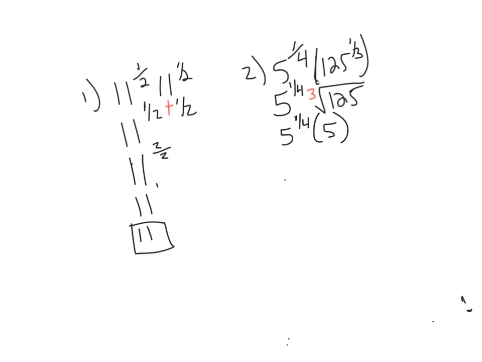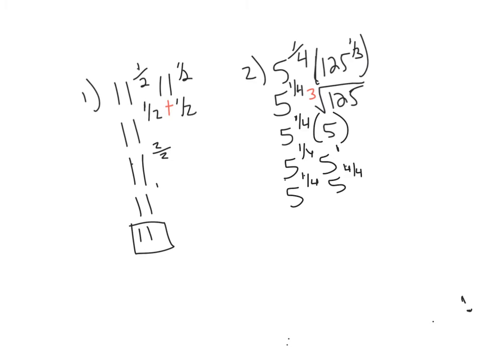Well, I have a base of 5 and a base of 5. What can I do with those two exponents? I can add those two exponents. Well, notice right here, I don't have an exponent. I really only have 5. Well, this is really 5 to the first power. Well, if I need to add that with a 4th, I need to get a common denominator. So if this is denominator 4, do we not agree that 1 is the same thing as 4 over 4? Why do we want to write it out like that?